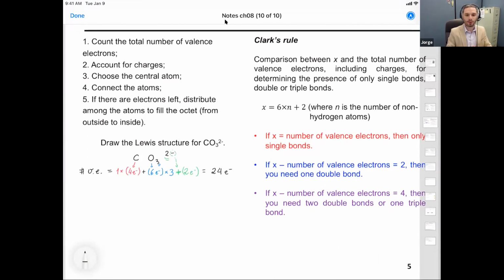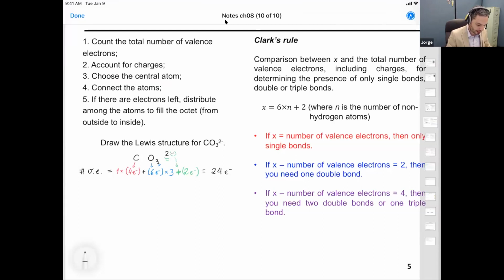So this compound has a total of 24 electrons, and I'm going to use all those electrons to connect the atoms. And if there is any left over, we are going to find a way to distribute that. So therefore, be very careful with charges.